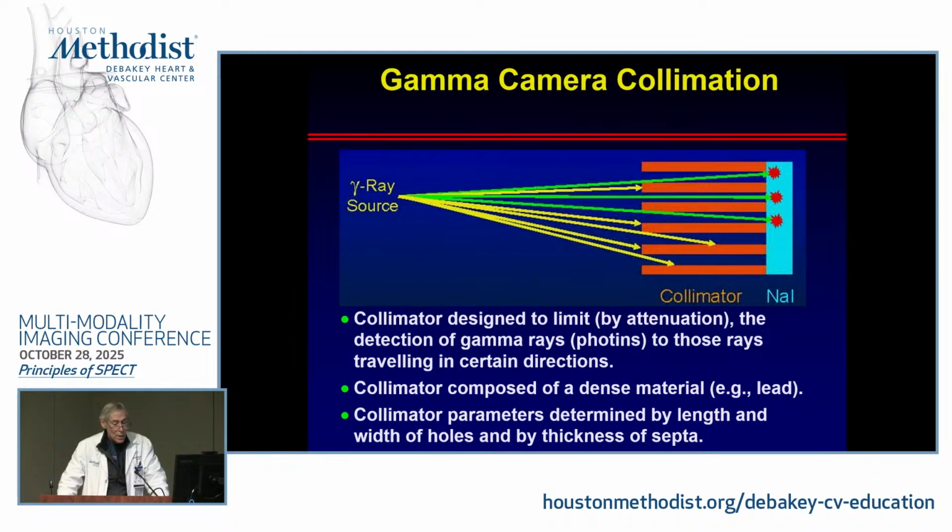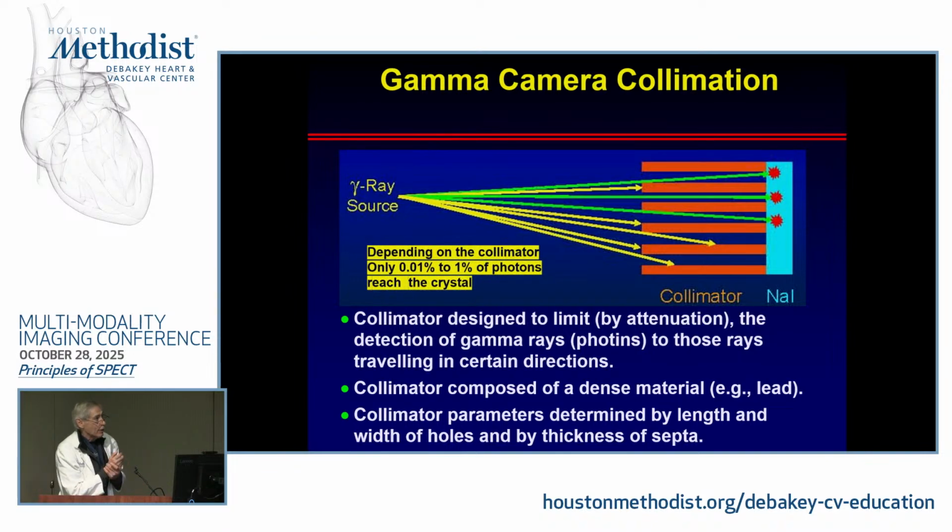Okay. Let's talk a little bit about collimators. Collimators are very important because they help direct the proper photons to the gamma camera sodium iodide crystal. And so you can see here that photons that go through the collimator are, generally speaking, parallel to what's being emitted from the body, okay? And those that are not parallel to those emitted from the body are absorbed by the lead septa of the collimators.